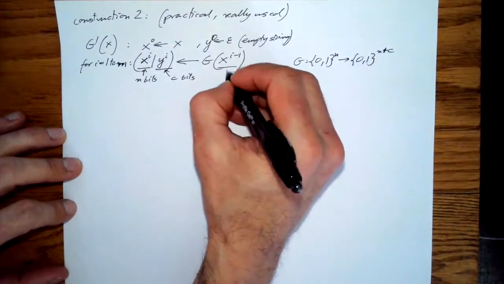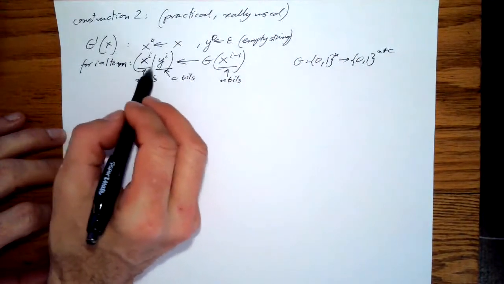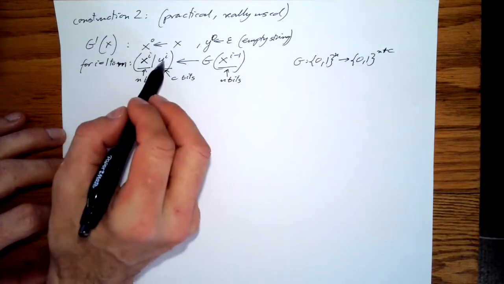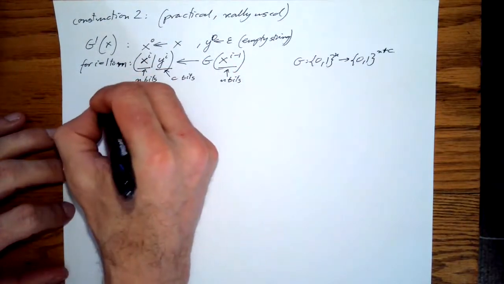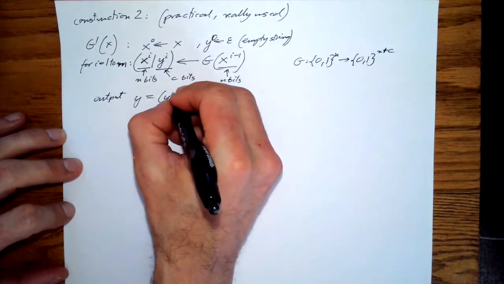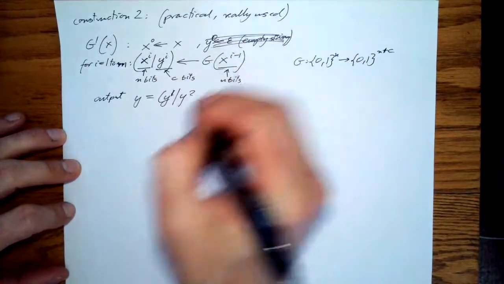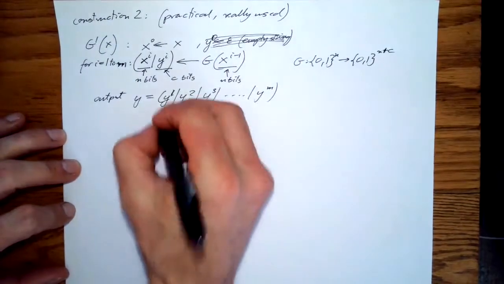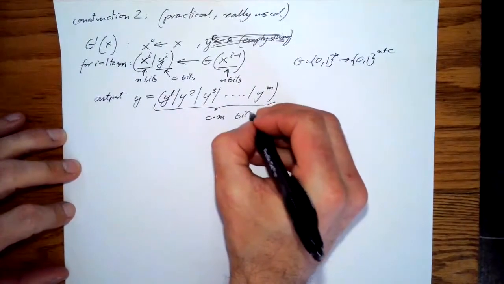If the input here is n bits, then I can parse the output as: first take the n bits, call it the new x, and the remaining c bits, call it y_i. Run this in a loop m times, and output y, which is the concatenation of all these y_i's, y1, y2, y3 to ym. This whole thing has c times m bits.